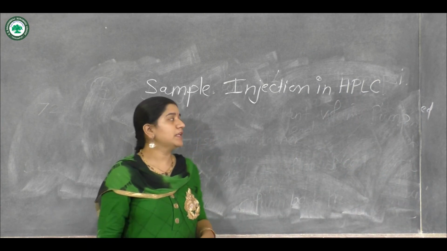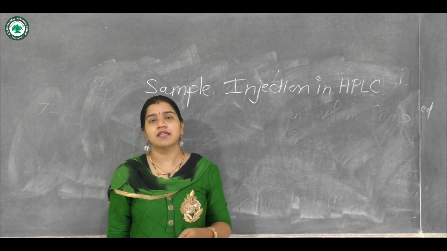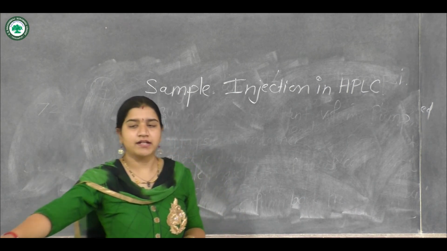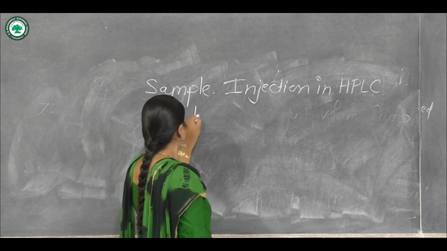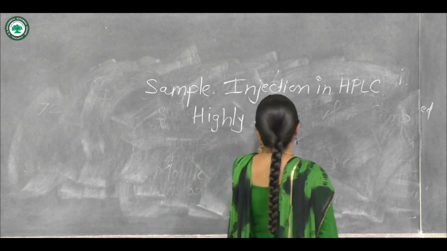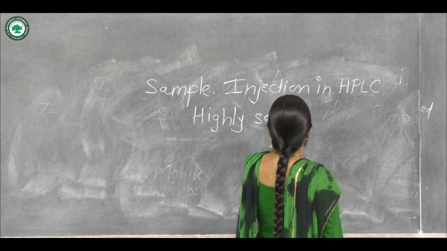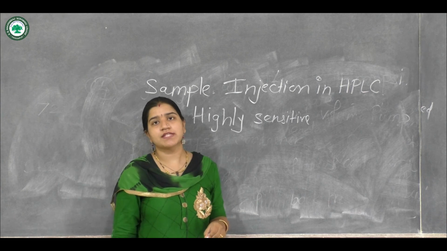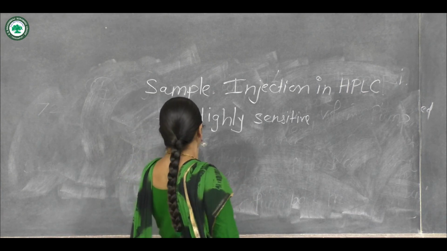Okay, so sample injection in HPLC is the most important thing, because as all of you know, HPLC is a highly sensitive technique. Therefore, a very small quantity of sample is required.